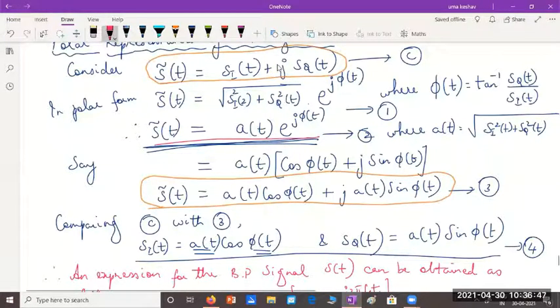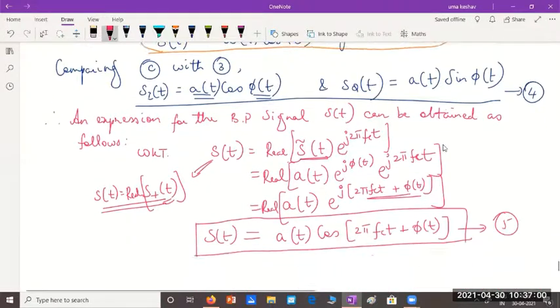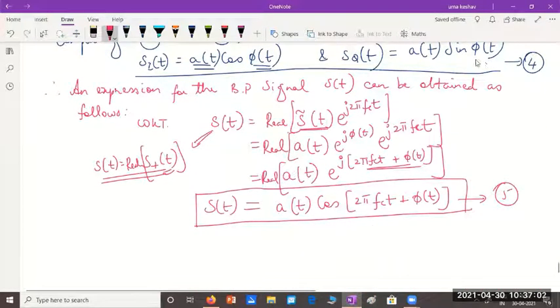So if I compare this equation with this equation, we could easily write the in-phase component as the amplitude times cosine of the angle phi, and quadrature component is amplitude times sine of the angle phi. So what we mean to show here is both in-phase and quadrature components will retain the same amplitude similar to the bandpass signal, and also the phase.